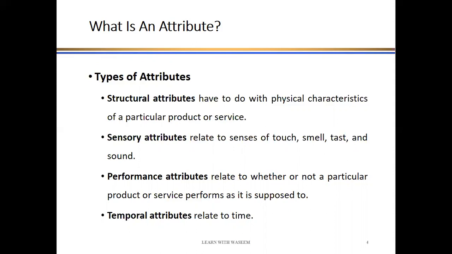The next one is temporal attributes. Temporal attributes relate to time. For example, were delivery schedules met? This often has to do with the reliability of delivery.